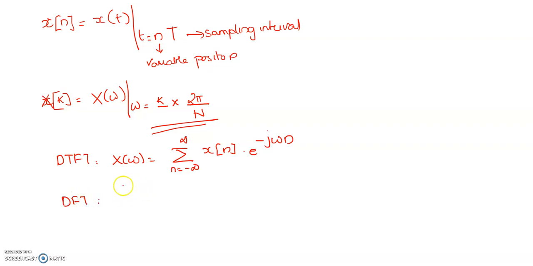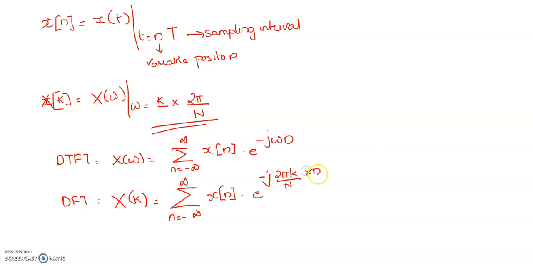We get x of k, which is a discretized version of x of omega, and this structure follows the summation from n equal to minus infinity to infinity. x of n remains as such because it is the one that is being converted, and instead of omega we substitute 2 pi k by N into small n as in the previous formula.